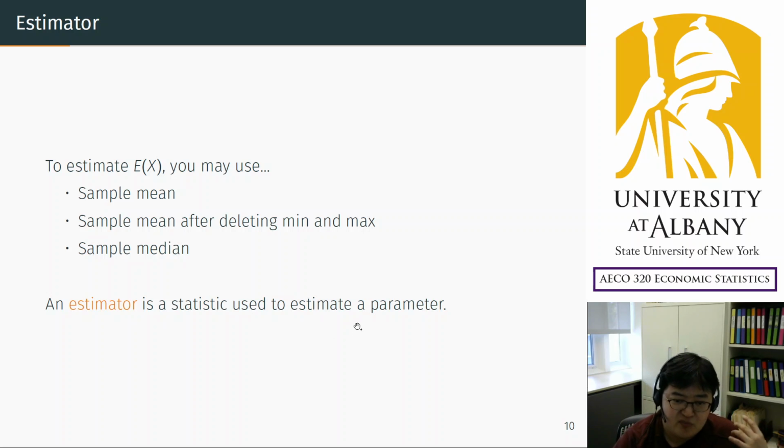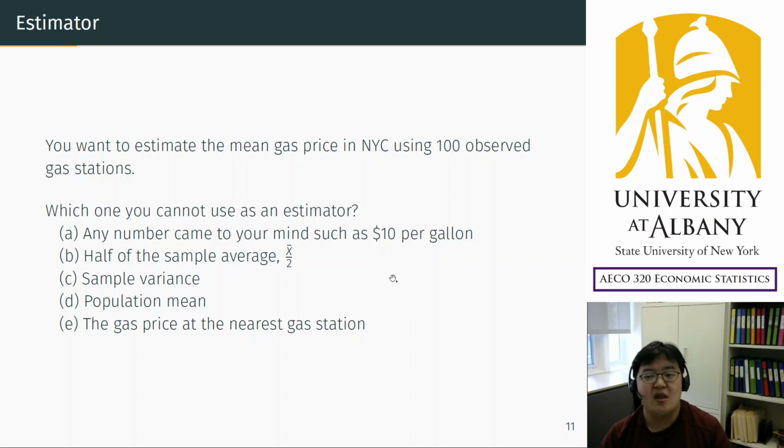Now the next question is, what is good, right? Again, same example. Suppose that you want to estimate the mean gas price in New York City, and you observe 100 gas stations, say a random sample, and then which one can you not use as an estimator? You have 100 observations, but it's up to you how you use those numbers.